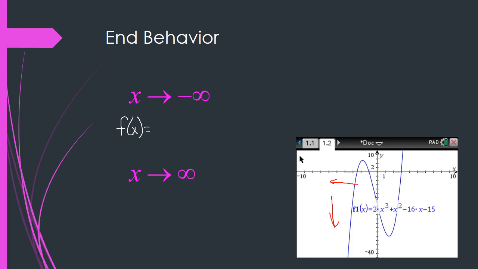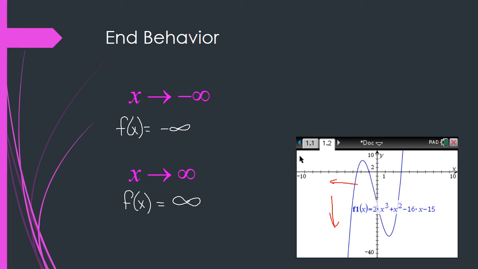The function keeps going, and in this case it's decreasing, so it's going to negative infinity. Then as x goes to positive infinity, my function is increasing with no limit, so it's going to infinity.